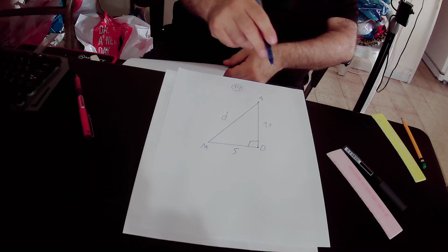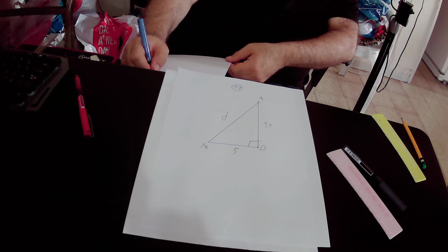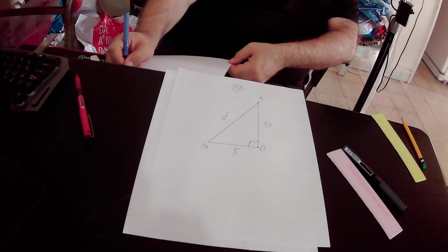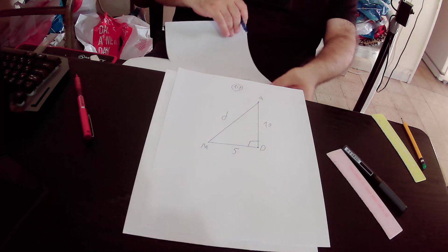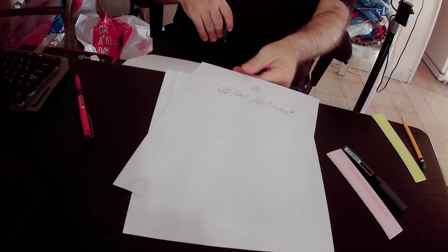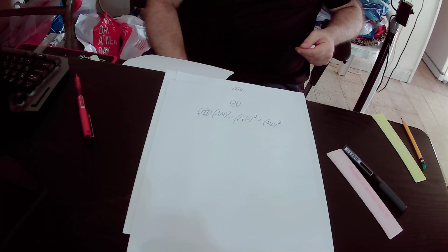AM squared equals AD squared plus MD squared.